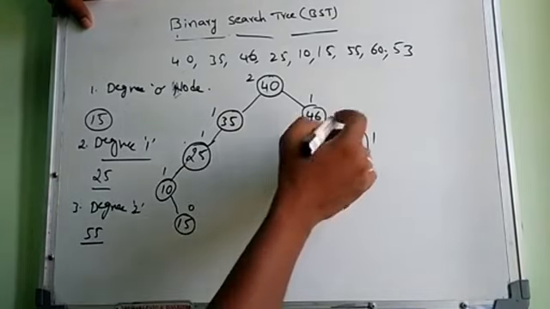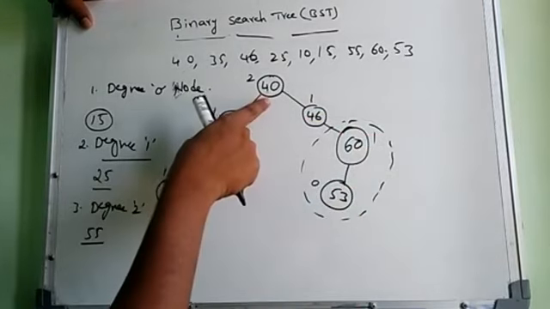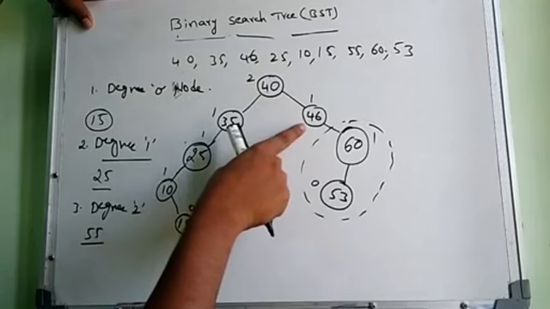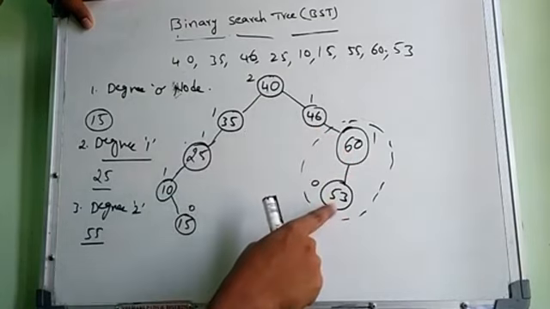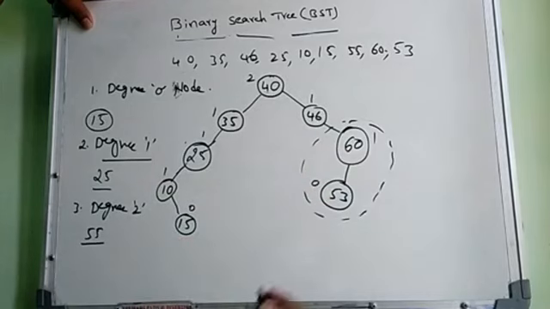Once we check where the deletion happened, in this place, 46 is greater, so it moves to the right side. Next, 60 is greater, so it is on the right side of 46. Next, 53 is less than 60, so it goes to the left-hand side. So this is what happens.